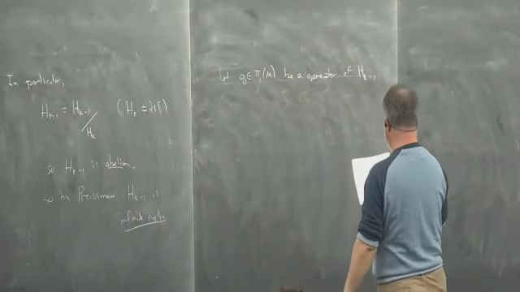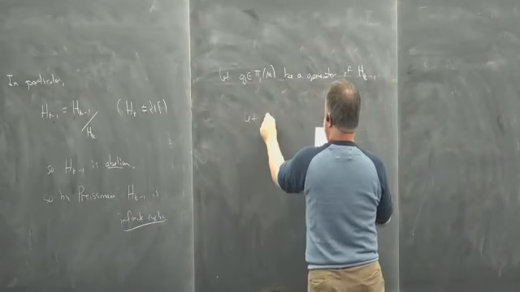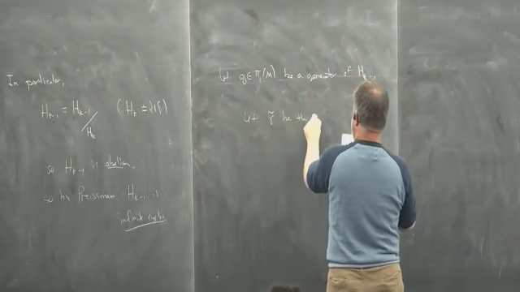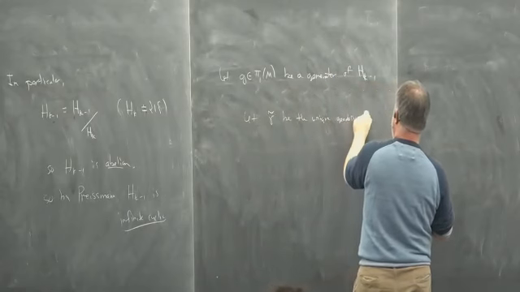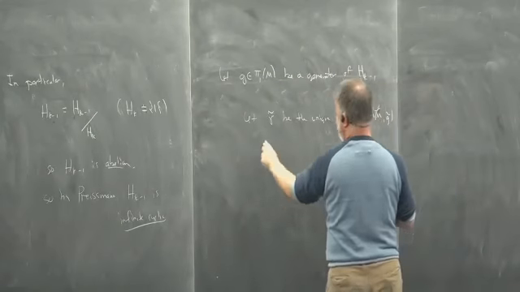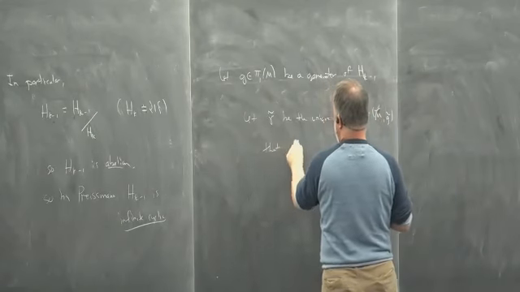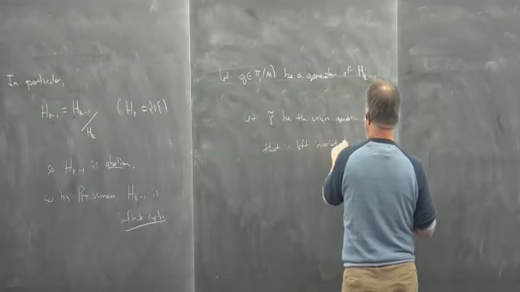That means it's generated by a single element. And let gamma tilde be the unique geodesic of M tilde that is left invariant by g.